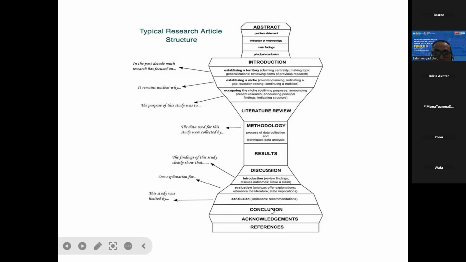Yeah, you can. I wrote an article, or I did research, for the conclusion section, only part of the conclusion section: how authors address the limitation of their study.